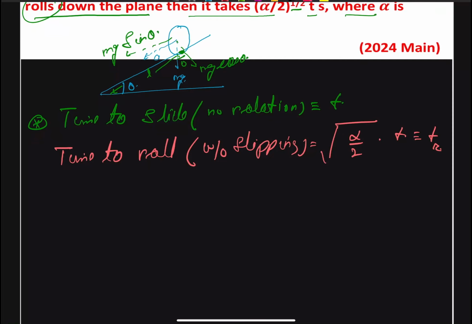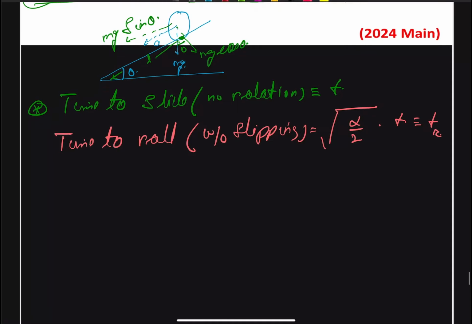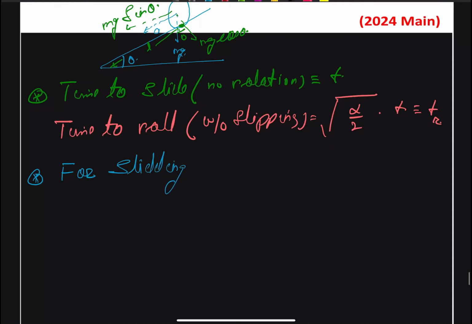So in the sliding, the acceleration will be, let us suppose, as. So for sliding, okay, in this case we have to remember that it is only sliding motion, so there will be no frictional torque.